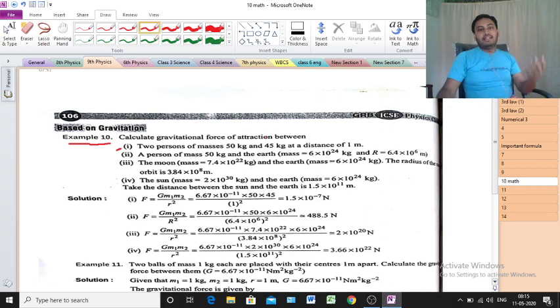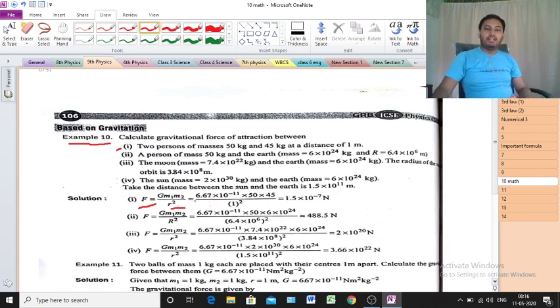The formula is F equal to G m1 m2 by r square. What is the value of G? 6.67 into 10 to the power minus 11.